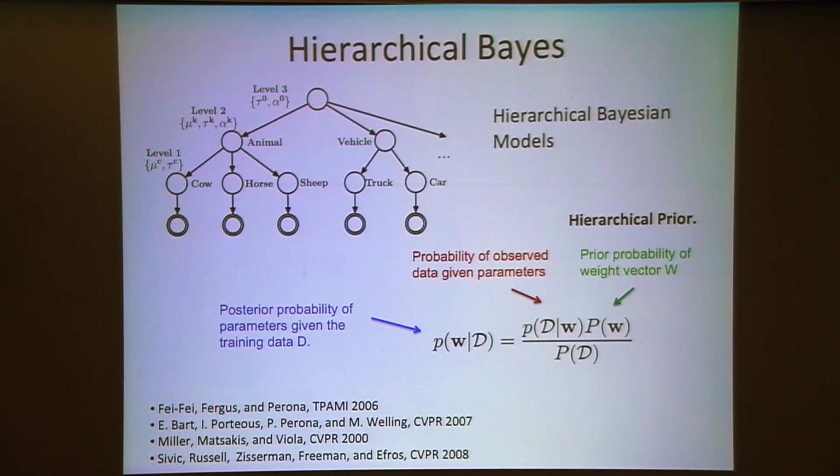Now, in most of the interesting applications, instead of just having a flat prior, you might be interested in defining a hierarchical prior, right? So this is one particular example of a directed graphical model where you might say that maybe cows, horses, and sheep should share certain parameters, such as the mean and variances, for example, and vehicles should share other parameters. So you'd expect to see cows, horses, and sheep to be distinct from trucks and cars and such.